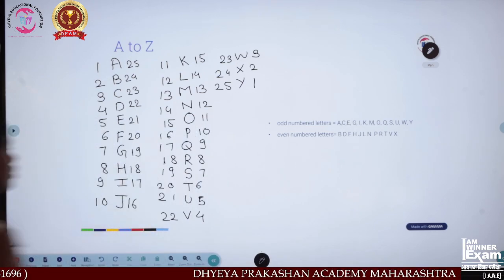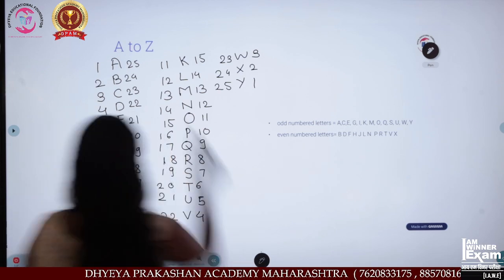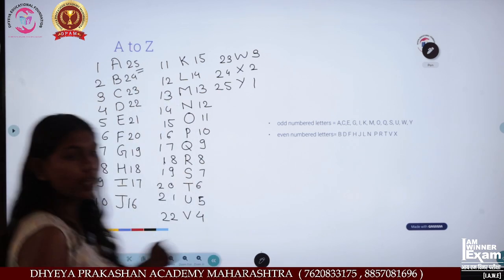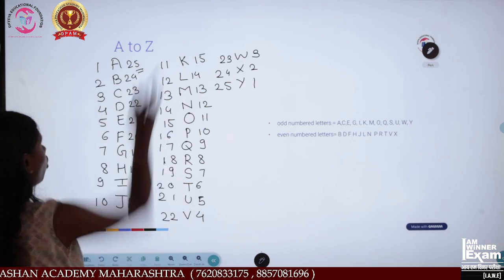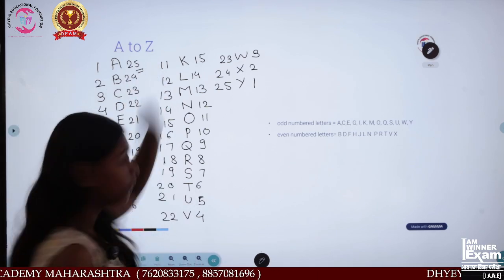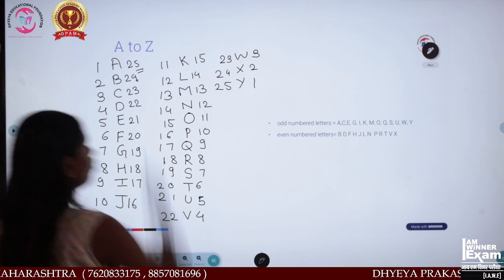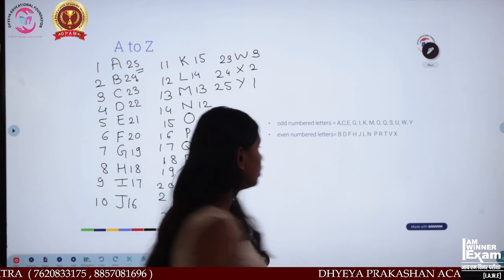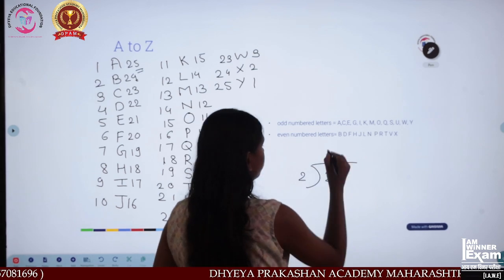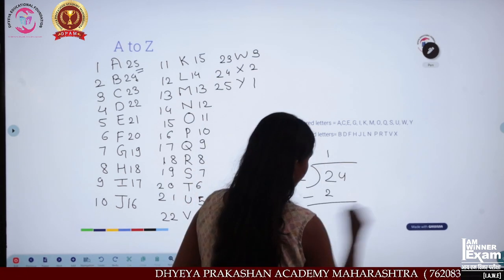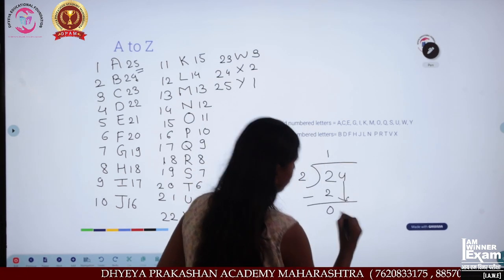Okay. So like this, 25 is not in the 2's table, so it is an odd numbered letter. Then again 24. Now you can divide 24 by 2. Like 2 1s are 2, and this will be cancelled. The 4 comes down.